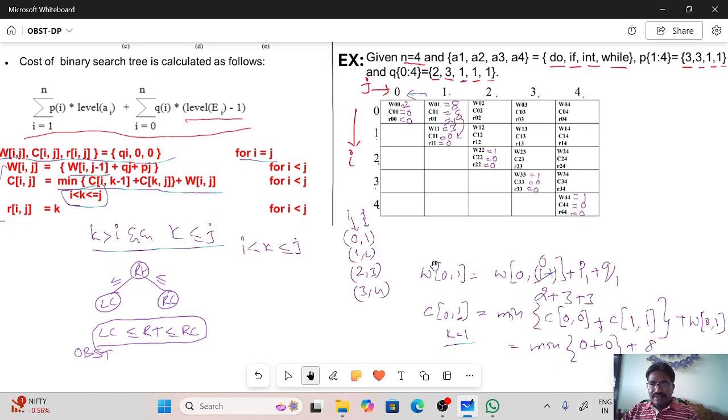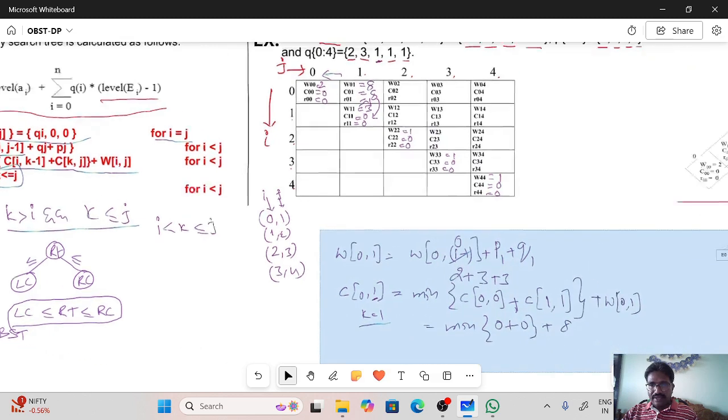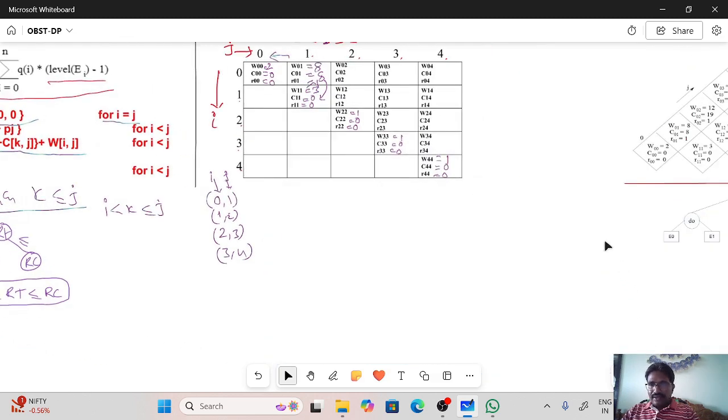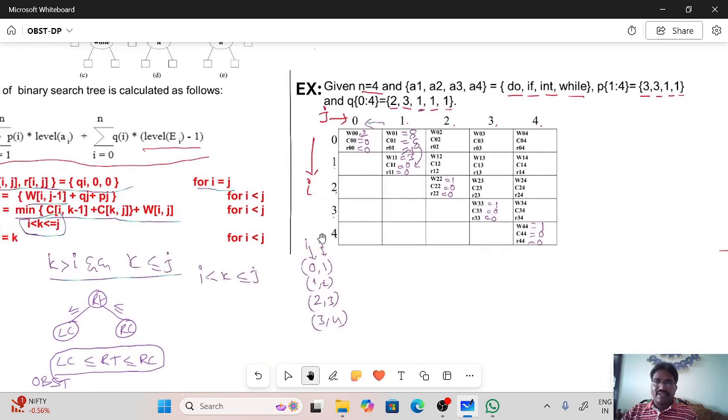So is it clear? Now we are going to evaluate the next with a difference of one. The next with a difference of one is 1 2. So we are going to find W of 1 2, cost of 1 2 and R of 1 2. What is the W of 1 2? W of 1 2 is nothing but the same earlier weight.